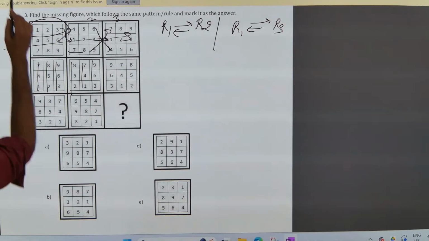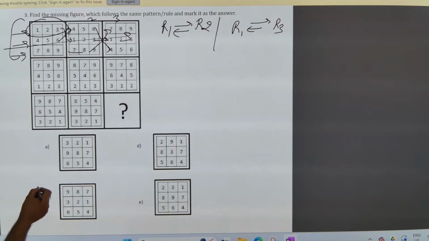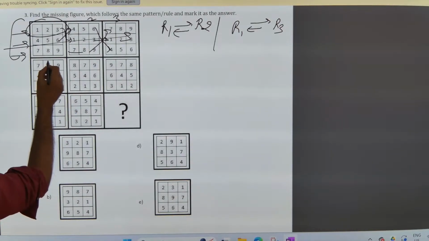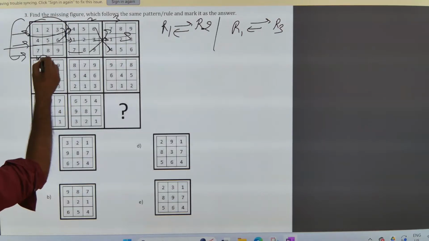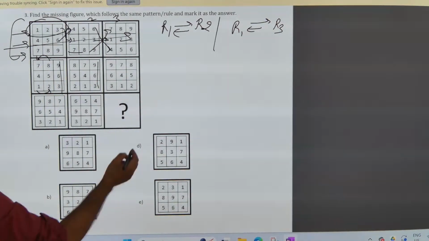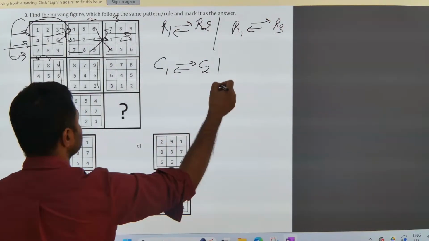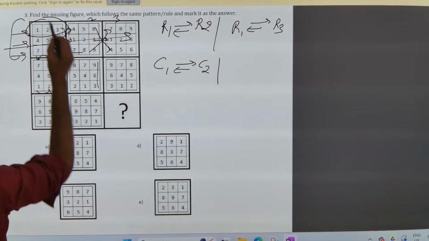So that means here the transitions are happening between columns. So first column is 741, second column is 852. So 852 comes to this point and 741 goes there. And 963 remains where it is. That means column 1 and column 2, they interchange their position. Right? Then we come to the second and third.